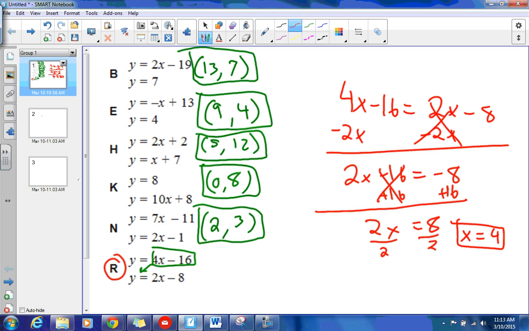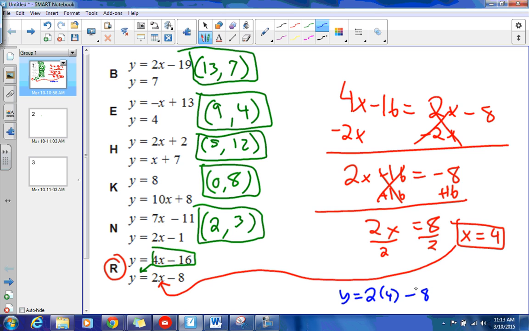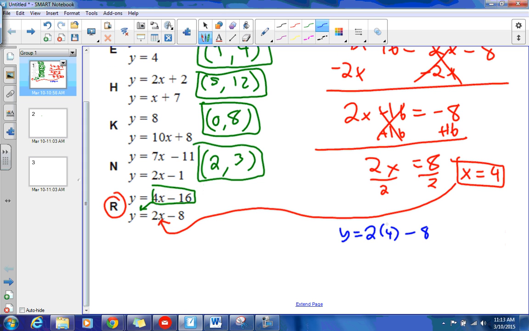Now that 4, again, we can take that, plug that in for either equation. We'll plug it in right there. And when you do that, you will have y equals 2 times 4, so that's what x is equal to, minus 8, which just happens to be 8 minus 8, or y equals 0.